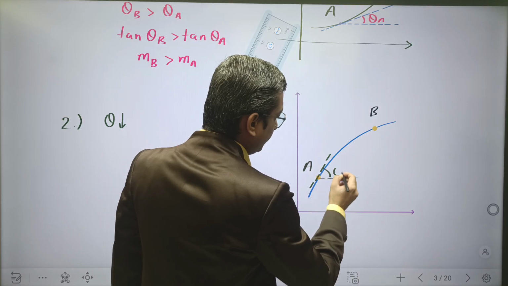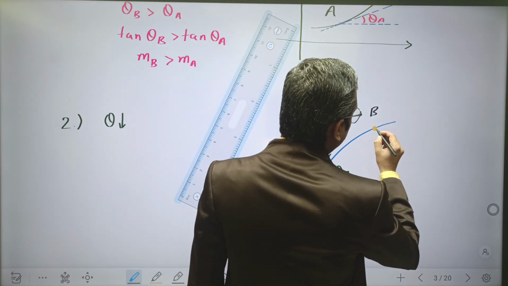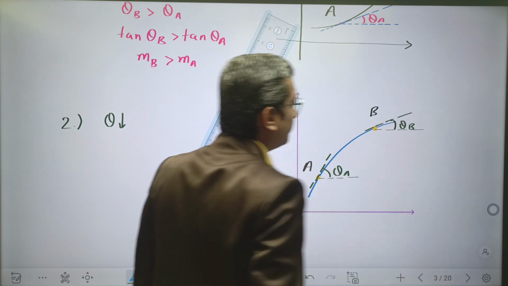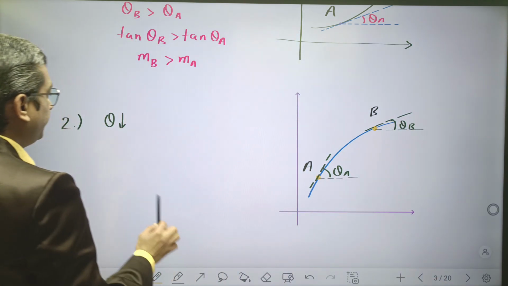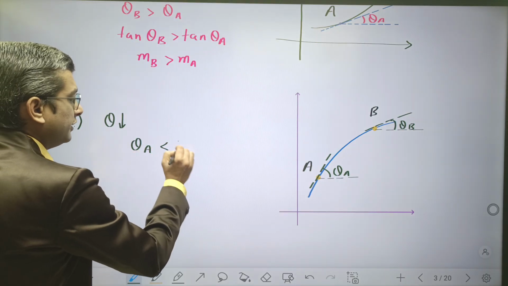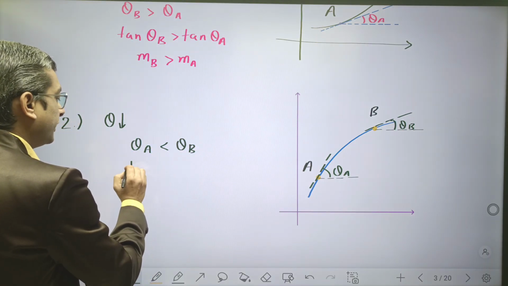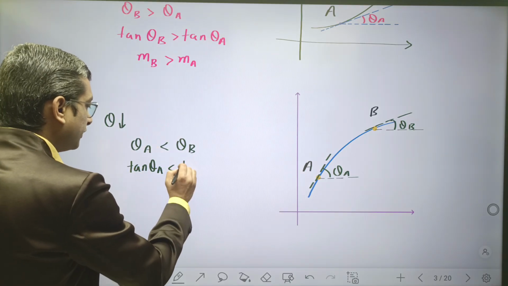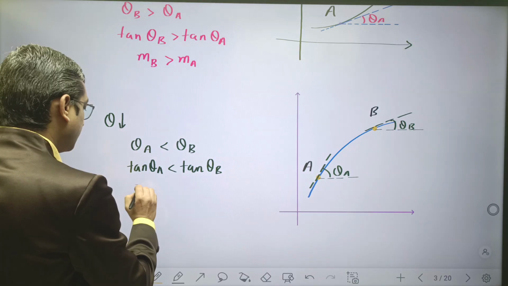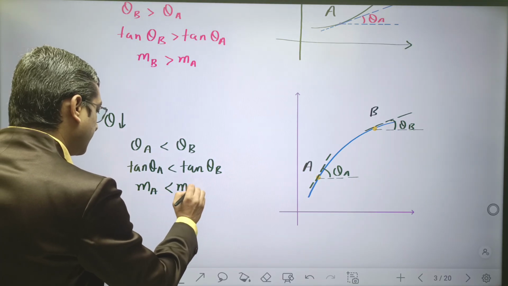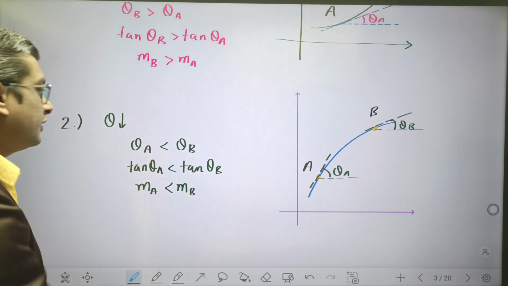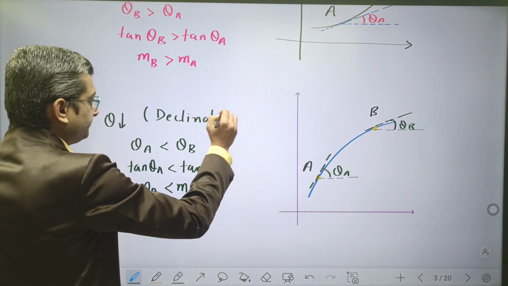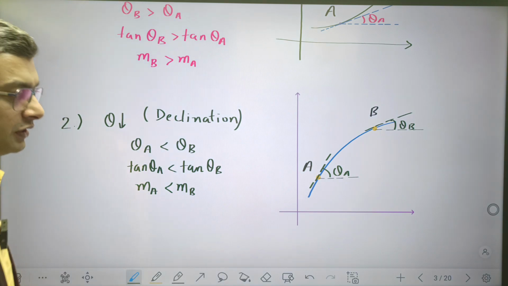So this angle is theta A, and here this angle is theta B. So what you observe here is that theta A is less than theta B. It means that as the slope decreases, the angle decreases, so tan theta A is less than tan theta B, and the slope at A is less than the slope at B. So this is the example of decreasing slope, that is, the curve is having declination.